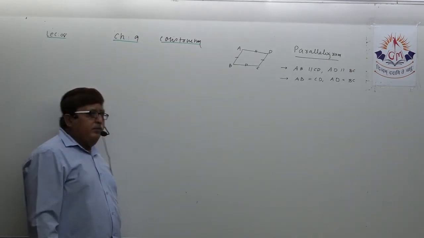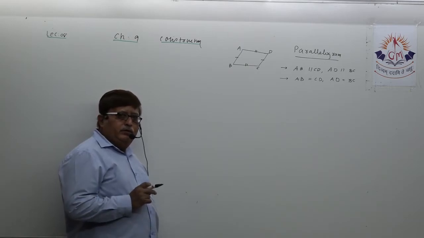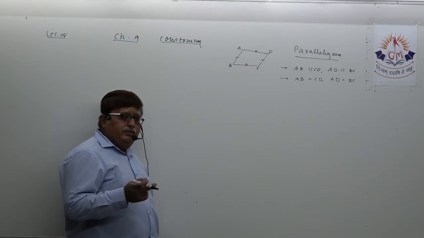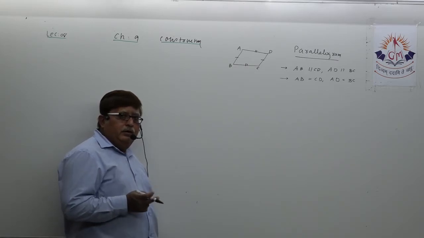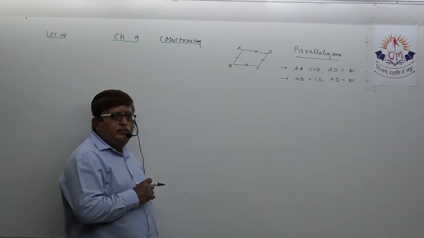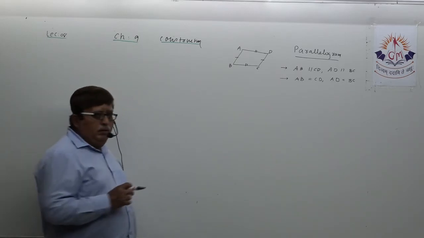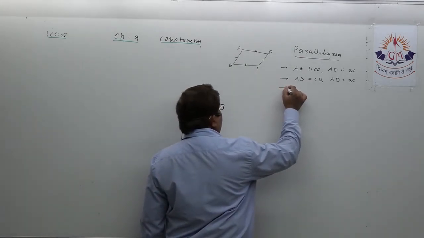This is what you studied when I explained chapter number 7, understanding shapes. First property of parallelogram, opposite sides are parallel; second, opposite sides are congruent, that means equal.